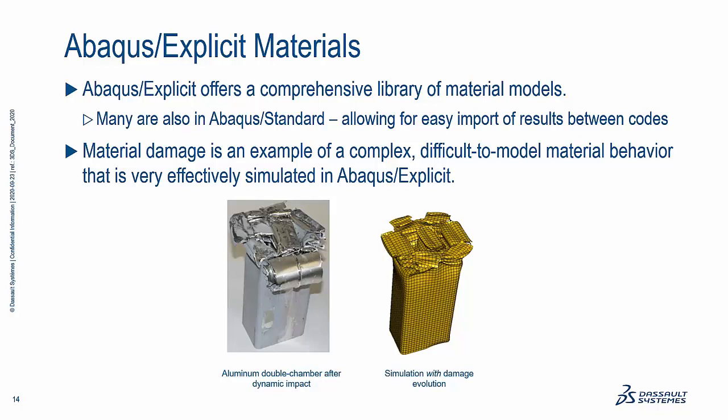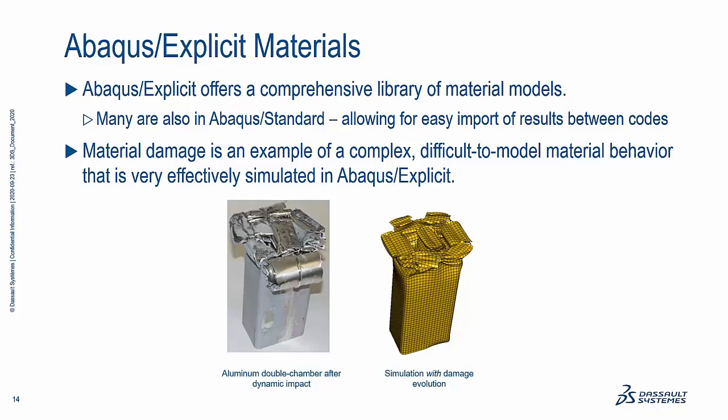Now, a lot of these materials are also available in Abaqus Standard, which aids in the transfer of data back and forth. And I'm going to talk a little bit more about the transfer of data back and forth between Abaqus Standard and Abaqus Explicit, so I'm not burying my lead here.